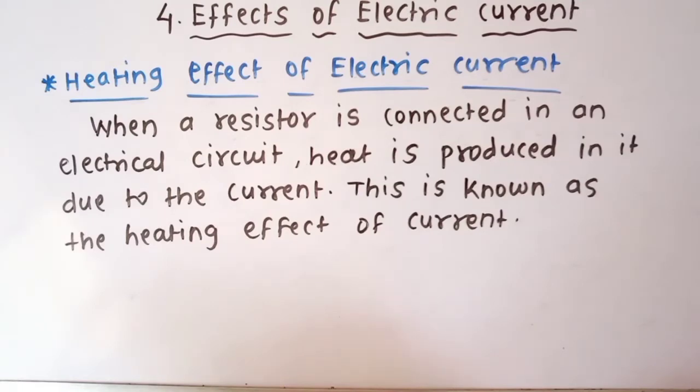So 1 kilowatt hour is equal to 3.6 into 10 raised to 6 joule. You have already studied this in 9th standard.